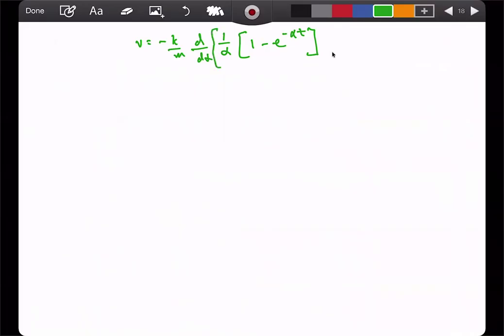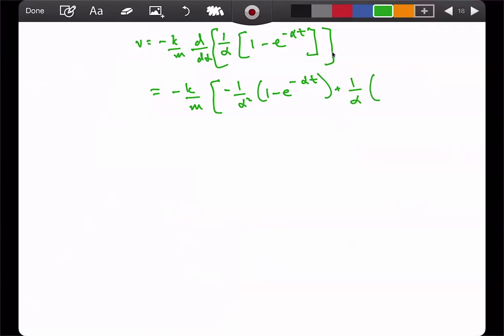So now all I want to do is take this derivative here with respect to alpha. So I have a product of two functions. The first one is what? 1 over alpha. Take the derivative of 1 over alpha. That's going to become equal to what? A negative 1 over alpha squared. So I'm going to get a minus k over m, and then a minus 1 over alpha squared times the second term, which is e to the minus alpha t, plus the first, which is 1 over alpha, times the derivative of the inside.